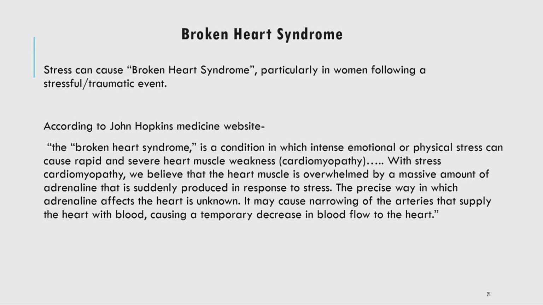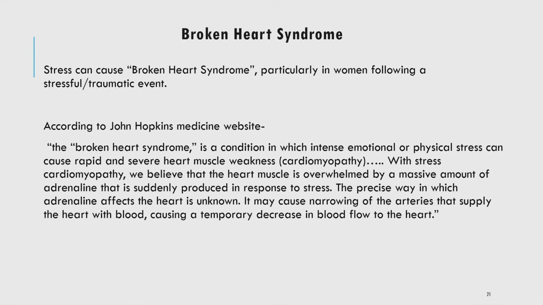So, with stress or the cardiomyopathy, we believe that the heart muscle is overwhelmed by a massive amount of adrenaline, released suddenly in response to stress. So, suddenly there is a high intensity of stress and there is too much stress hormone and too much erratic movement in the heart, which can overwhelm the functioning of the heart.